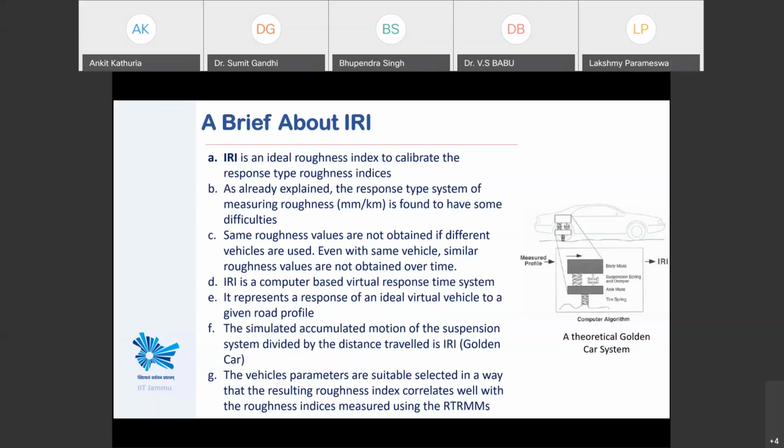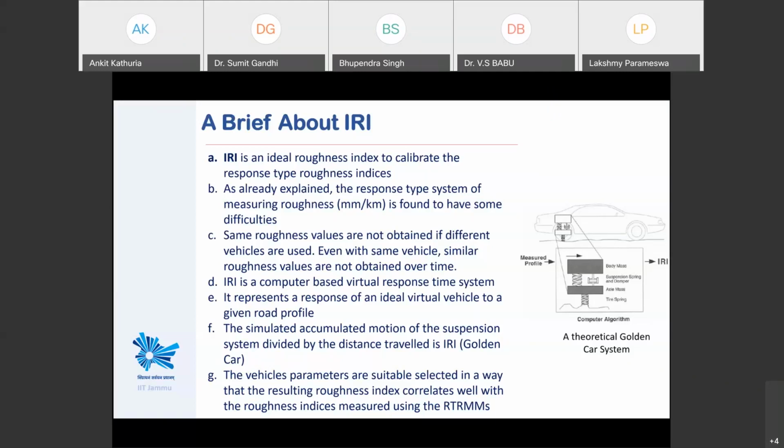So to overcome this variation, a standard, theoretical index was developed. IRI usually will not be estimated in the field. It's basically a computer-based virtual response type system, meaning that the profile information of any road profile is given as the input, and based on that profile, a theoretical quarter car or golden car system is made to move over it.